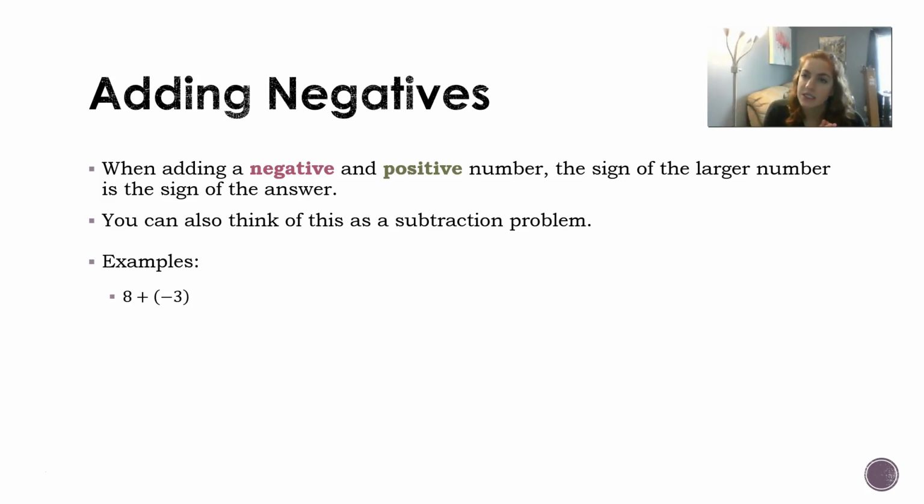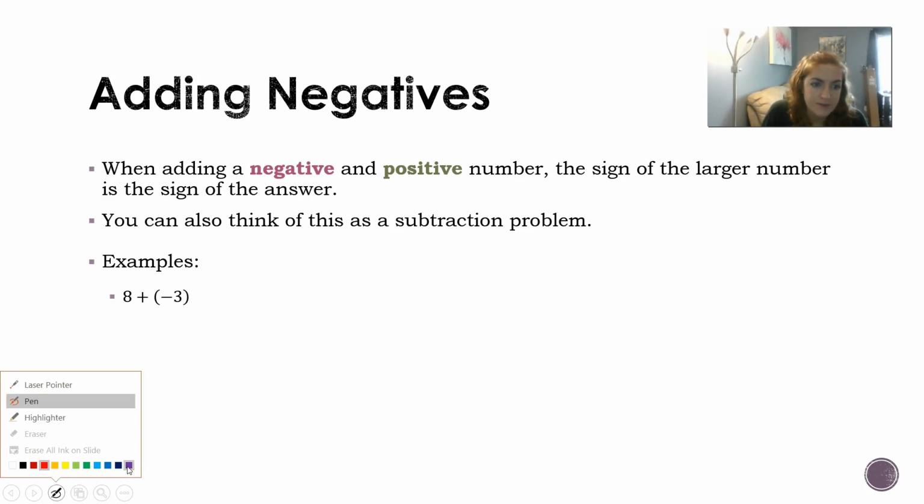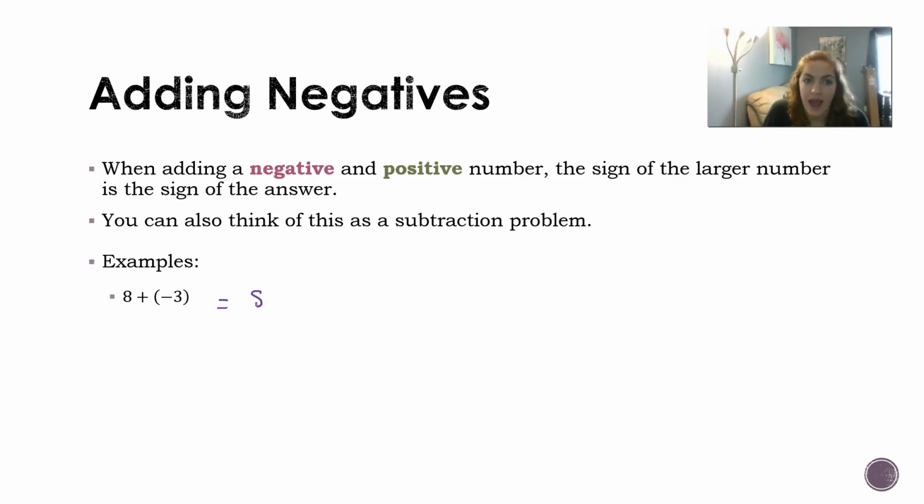So you're doing an addition problem, but it's saying you're starting off with $8 and then you're adding a negative 3, which is the same thing as saying 8 minus 3. Okay, these two are the same idea. 8 plus a negative 3 is the same thing as taking $8 and taking away 3, which if you have $8, you take away 3, you're left with 5.